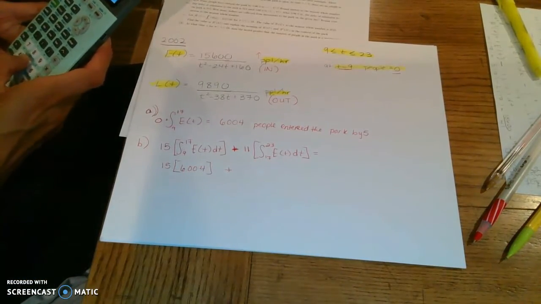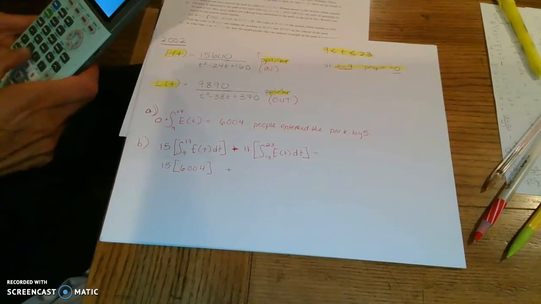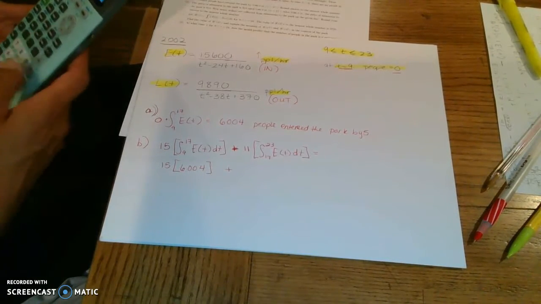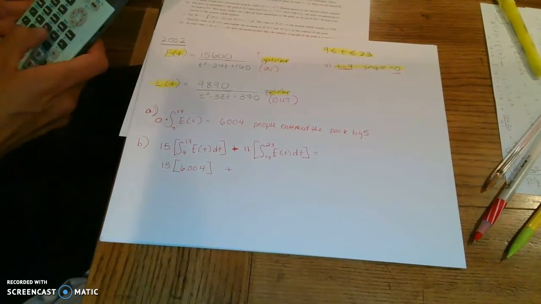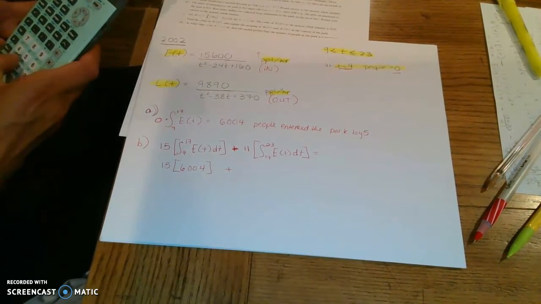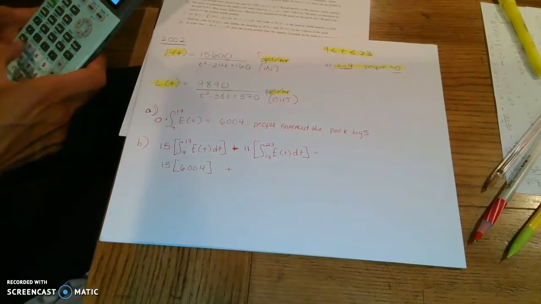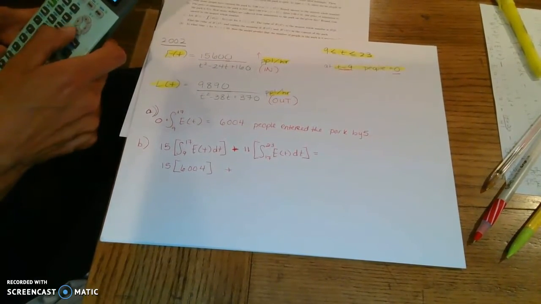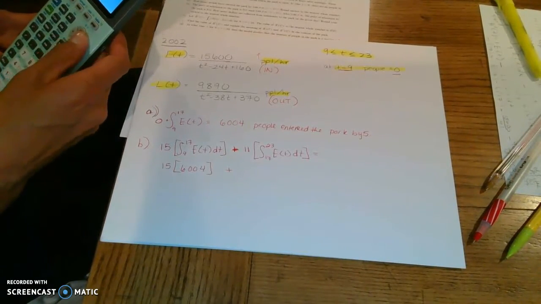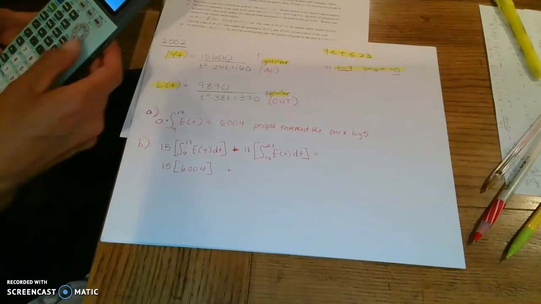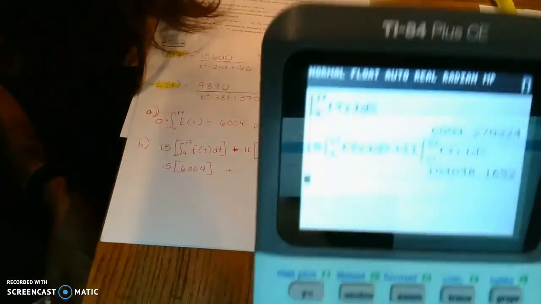So you're literally just typing 15 math 9 to 17. You're putting your vars as y1 because you're doing E of t in there, x, and then you're going to add that to 11 math 9, 17 to 23, vars y equals 1 dx, and that's what your calculator should look like.